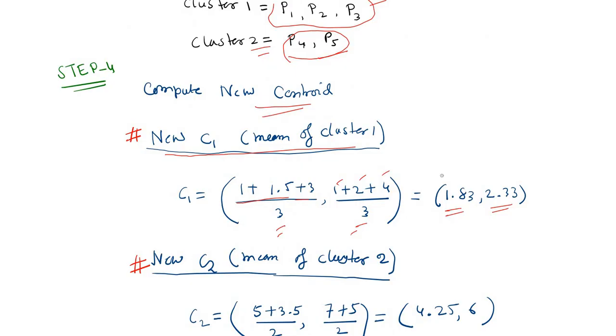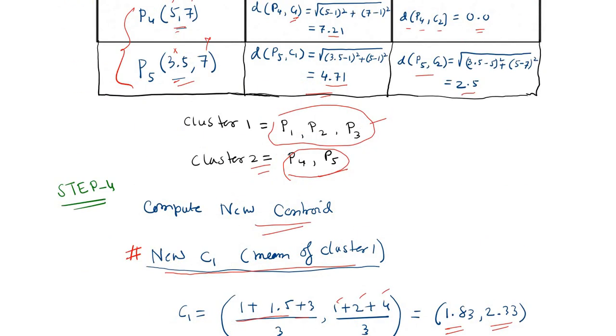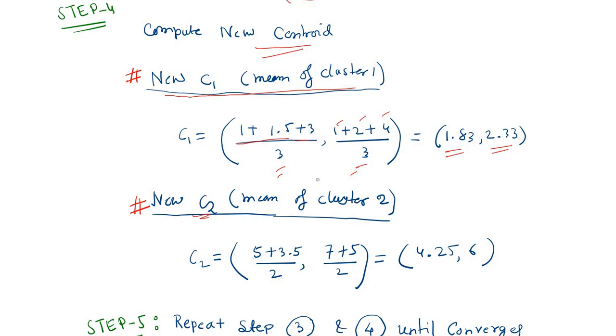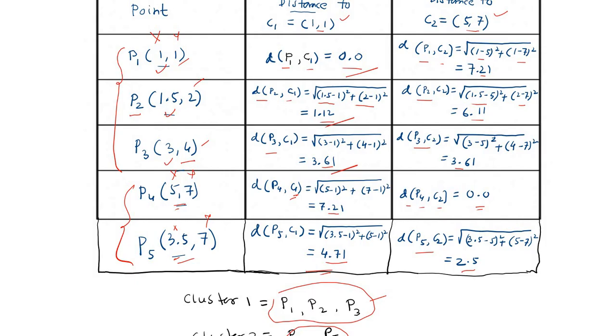Now similarly for P4 and P5, we have to find a new centroid. So this is my x coordinate, 5 and 3.5, and for the y coordinate it is 7, that is 14. Okay, so 7, sorry, I think this is 5. Sorry for this correction.